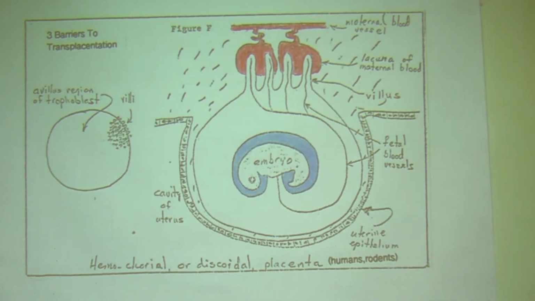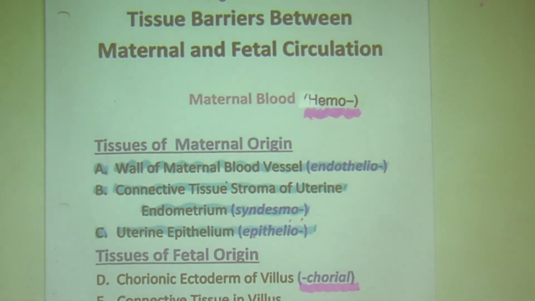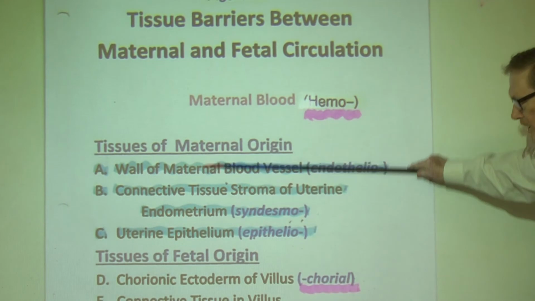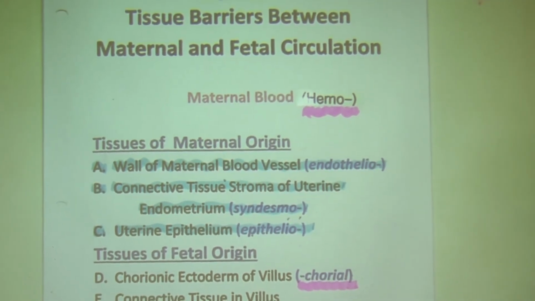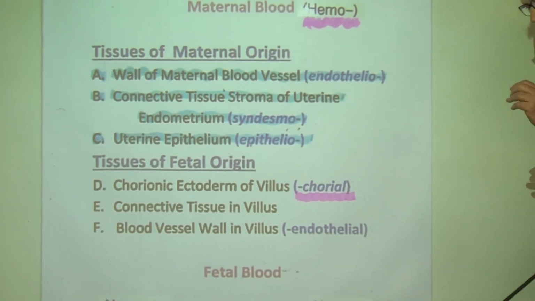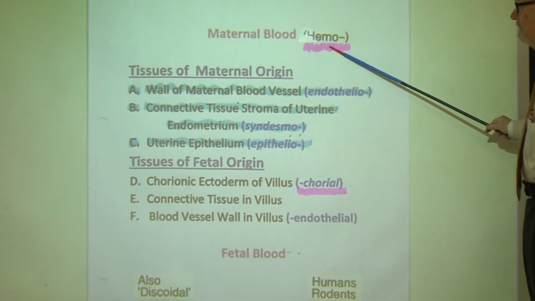So let's take a look at what we've gotten rid of. Bet you're glad that I furnished these for you. Okay, here's the way we can explain what's going on. All the tissues of maternal origin are now no longer barriers. They're gone. So we have the fetal finger-like villi poking up into a pool of maternal blood.